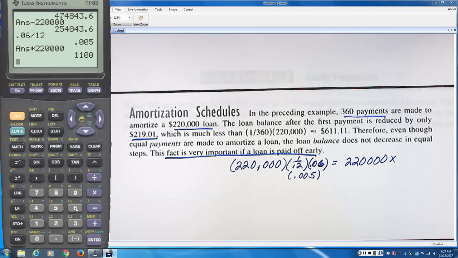That's 1,100. That's not right. What did I do wrong? Yes, you take the 1319.01 and subtract the 1,100 from it, because 1319.01 is the payment. That's right.